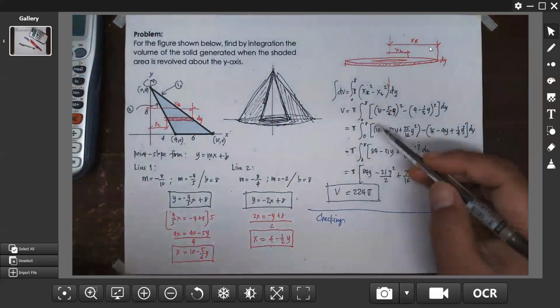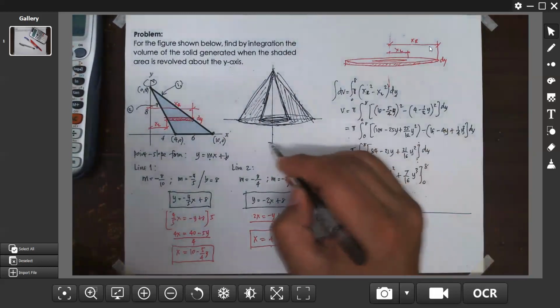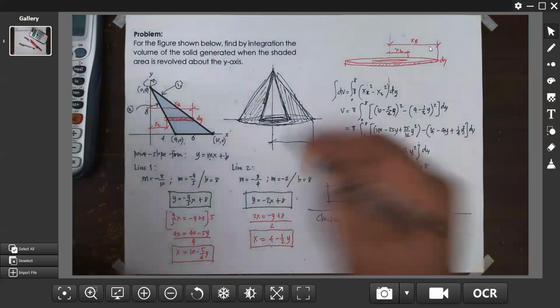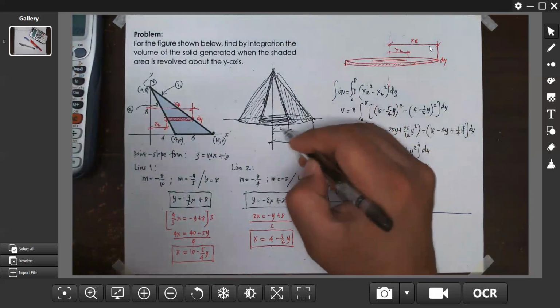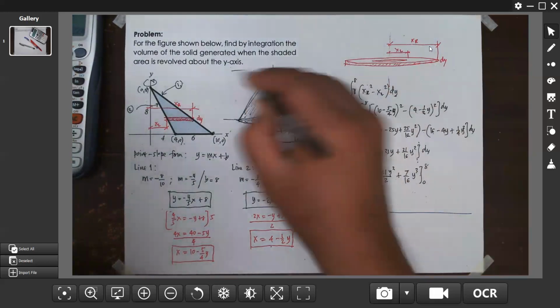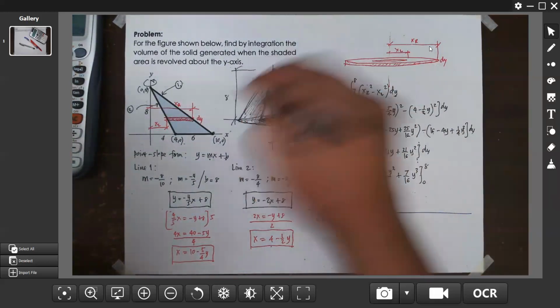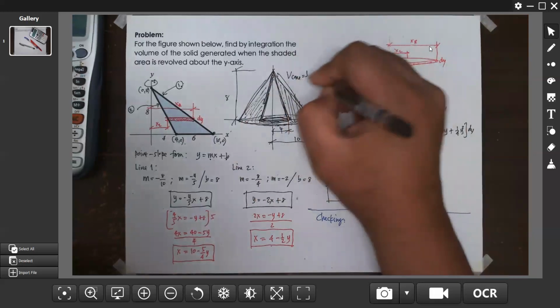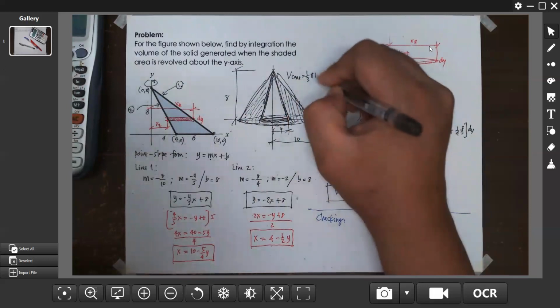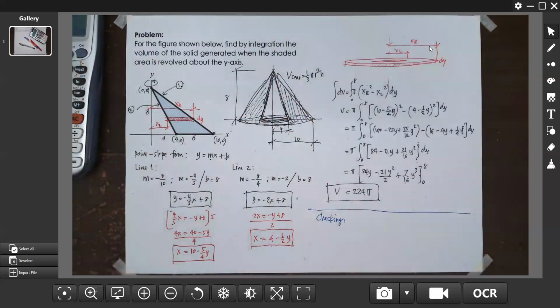The outer radius is 10. The inner radius is 4, with a height of 8. The volume of a cone is 1/3 pi r squared h.